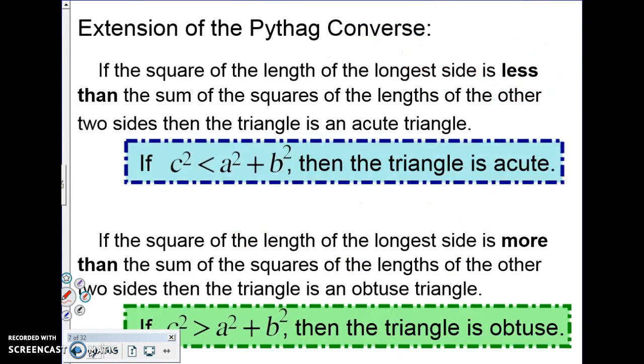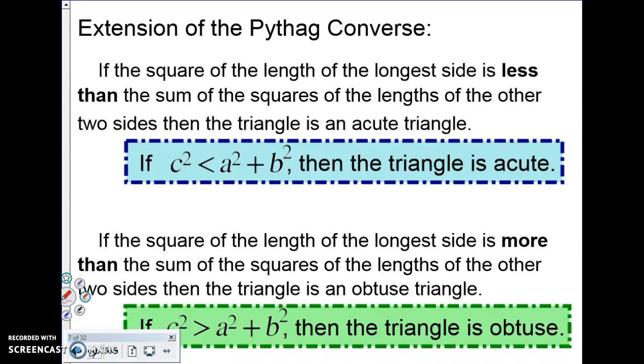And then the extension of that, remember I said earlier that you can also show a triangle is an acute triangle or an obtuse triangle based on whether the largest side squared is less than the sum of the squares or greater than the sum of the squares. So I know that's a lot to take in.